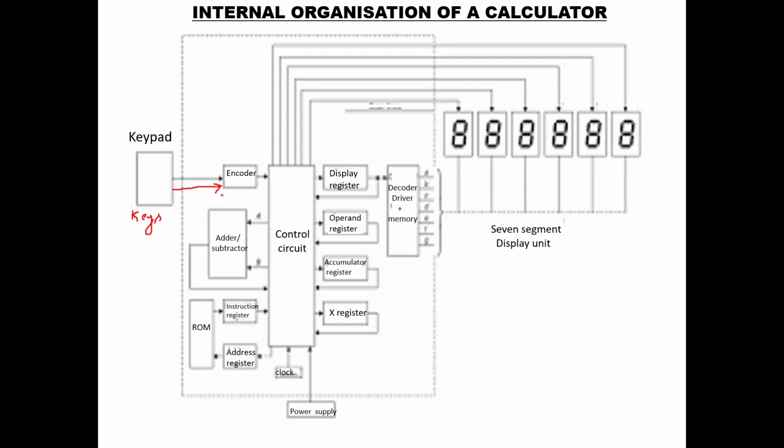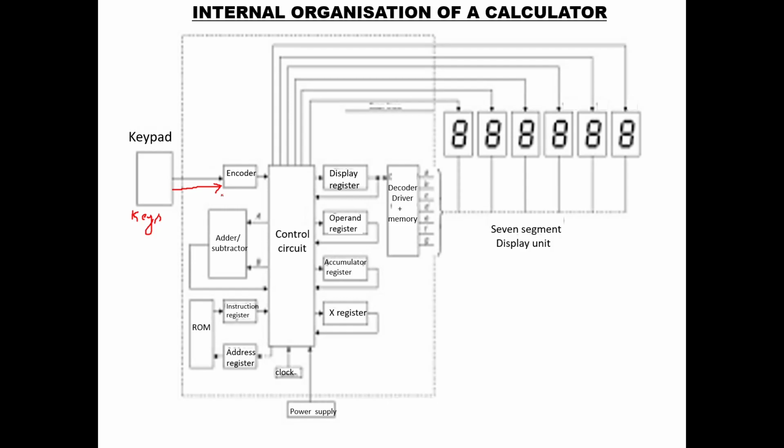Say if you're pressing the number 5, and the number 5 is a decimal number, then it should be converted into a BCD number in ones and zeros, so that 1 will be taken as plus 5 volt, 0 will be taken as 0 volt, and that will be given to the control unit. So that will be understood by the control unit, what you have entered.